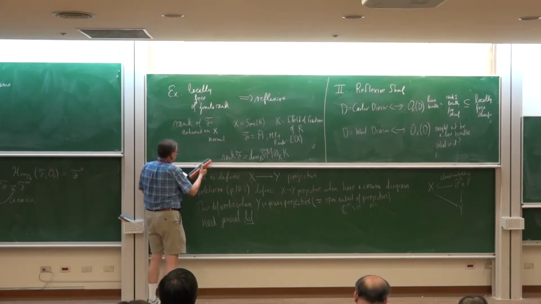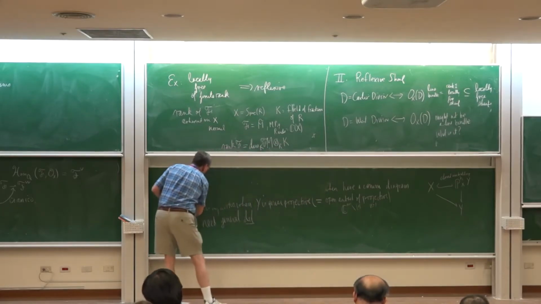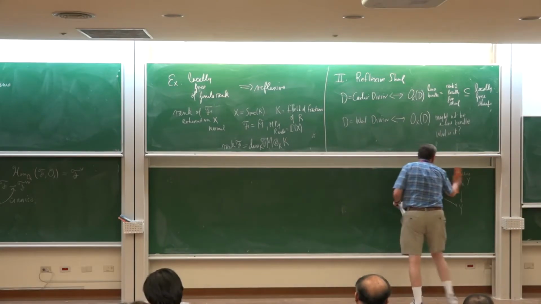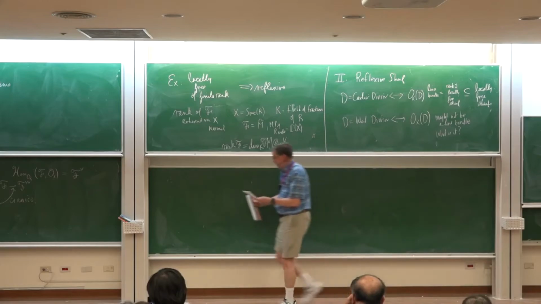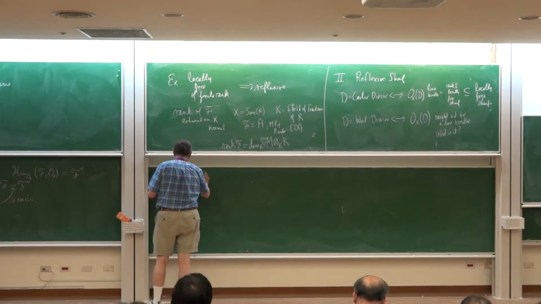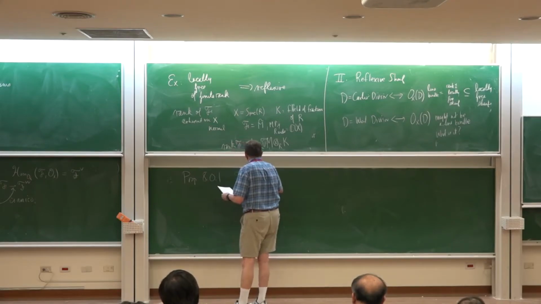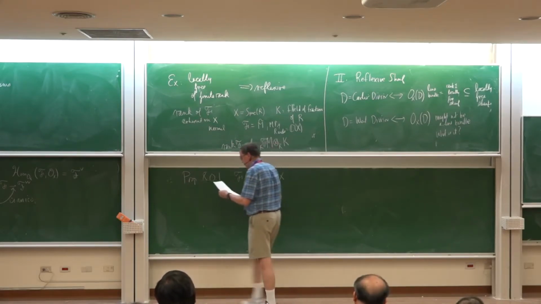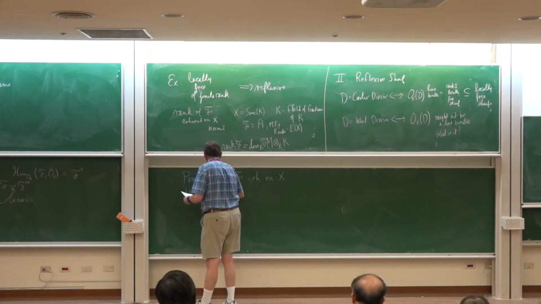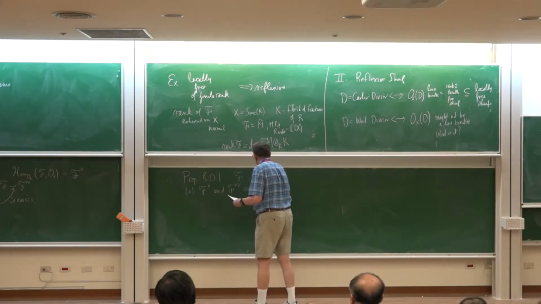And so here's the first proposition, Proposition 8.0.1. F is coherent on X. The first thing is that the dual and the double dual are reflexive.